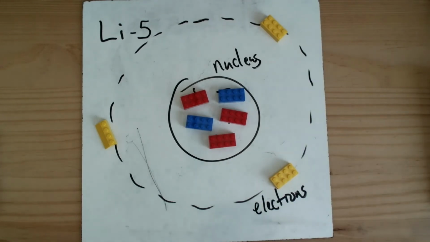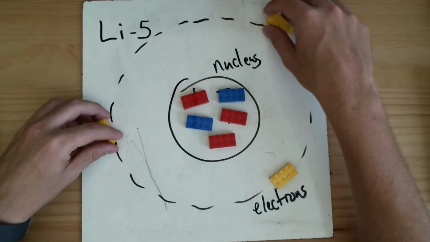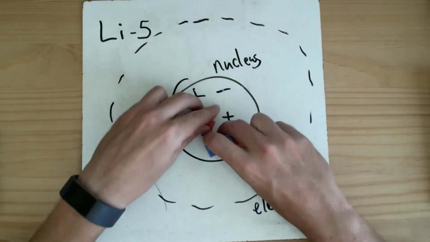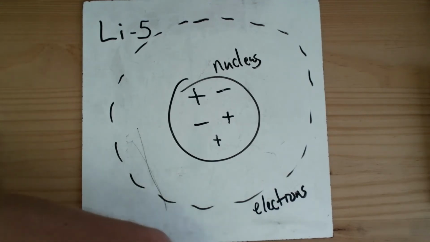Nuclide notation is a quick and easy way for us to describe what atom we are looking at. So let's go ahead and take our atom of lithium 5 here and transfer this into nuclide notation. Let me go ahead and pick up my particles. They'll be back later, don't worry.